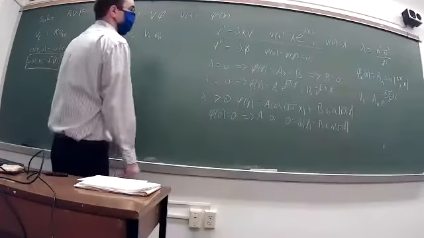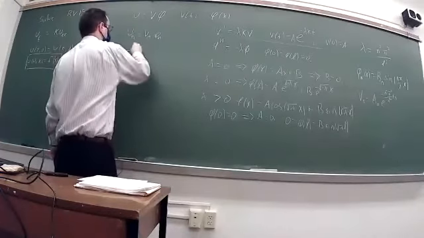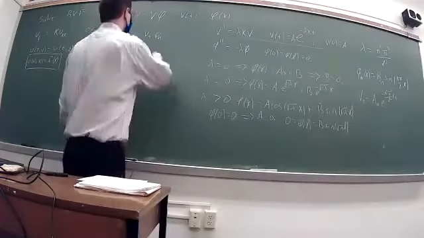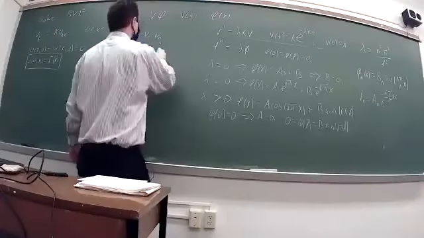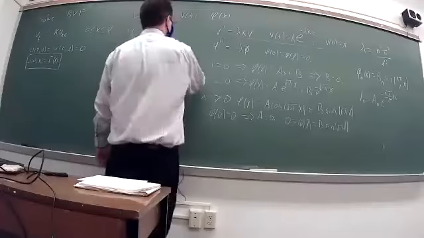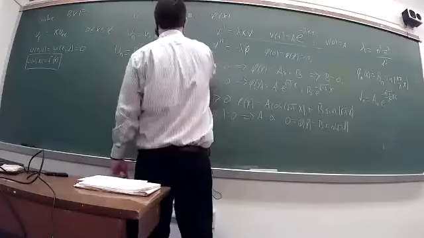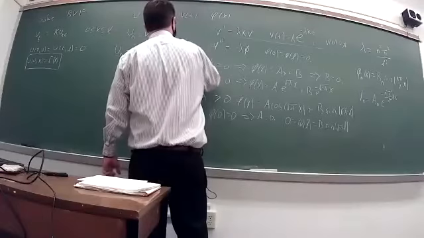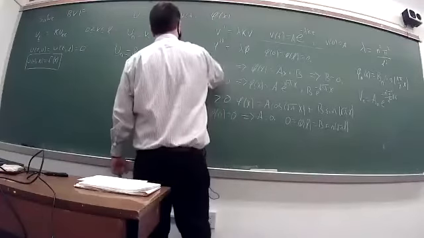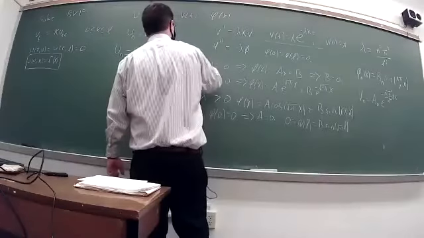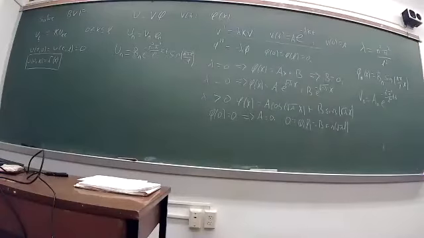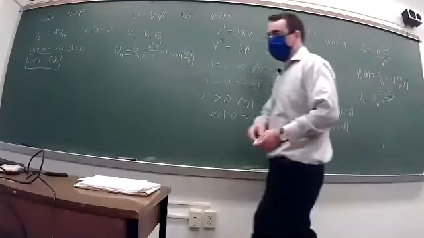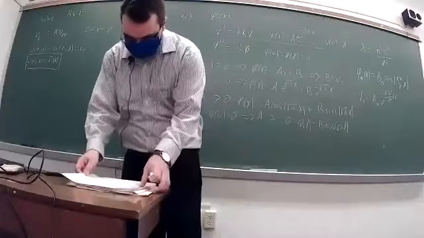So I'll just call it b sub n times e to the minus n squared pi squared over L squared times K times T times sine of n pi x over L. So these are your product solutions for the diffusion equation. There's one for each n. So any question or comments on that?